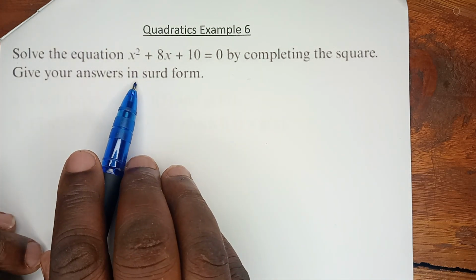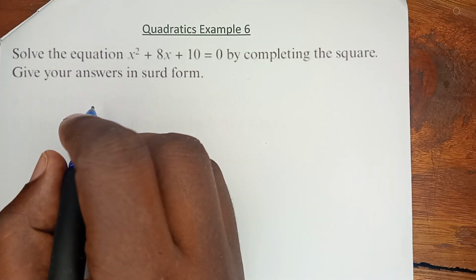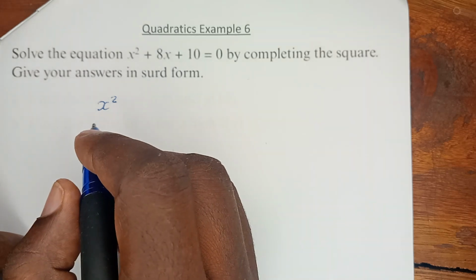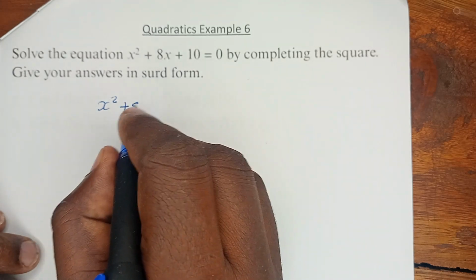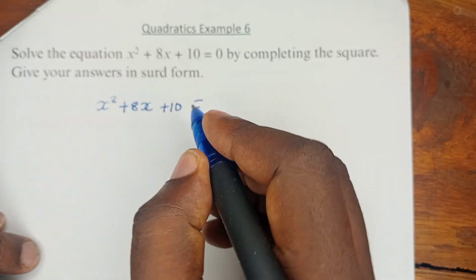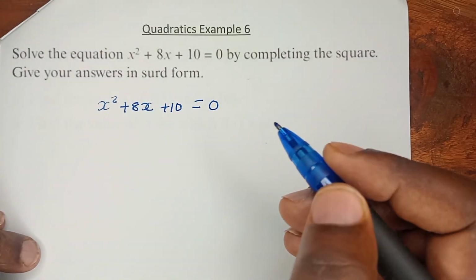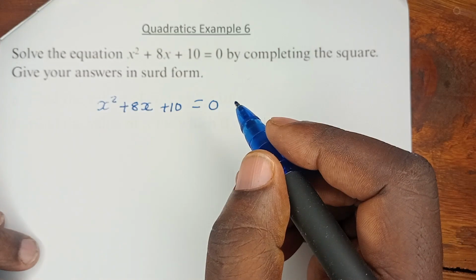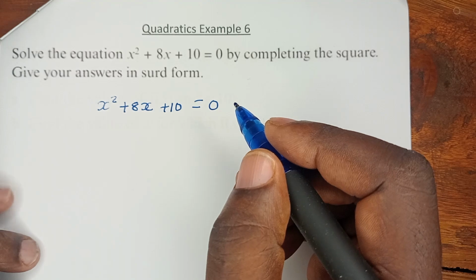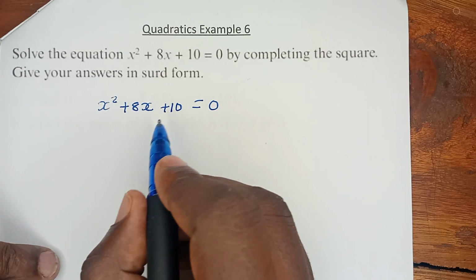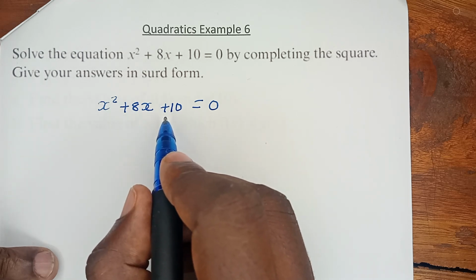When we have x squared plus 8x plus 10 is equal to 0, of course we would wish to state here that the constant has no problem. We have nothing to do with the constant 10.